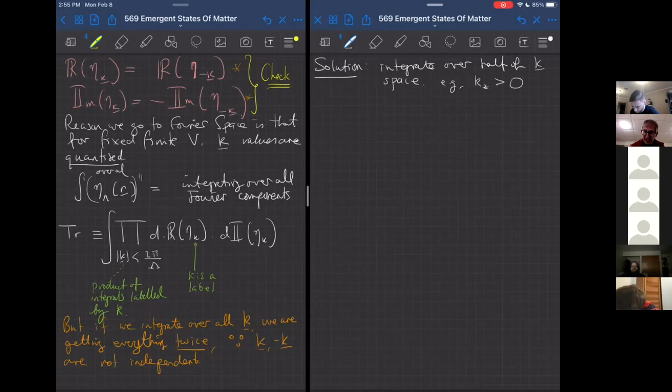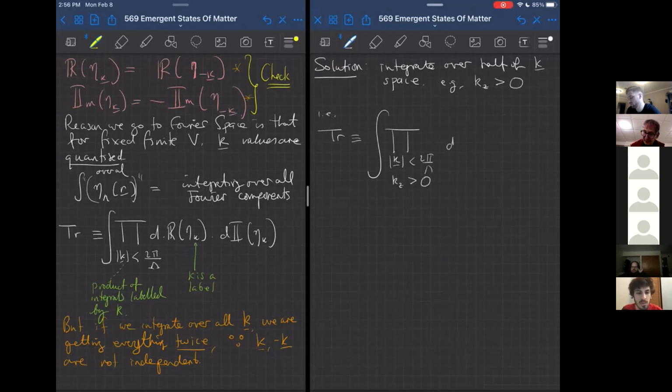So in the end, the trace operation is going to be the product over k less than 2 pi over lambda. We're also going to require that kz, the k component, should be positive.